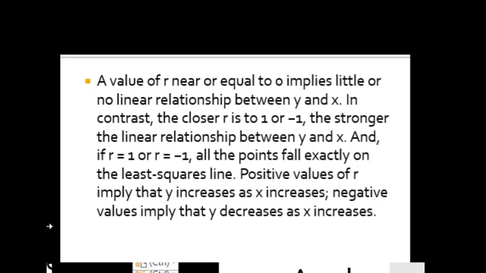So if we have a positive R, this means that y increases as x increases. It's an upward trend. And if the value of R is negative, it's a negative trend. The absolute value, if it's close to 1, it's a strong relation. Then in the middle, like 0.5 or 0.6 would be a moderate strength. And then close to 0 will be a weak relation.